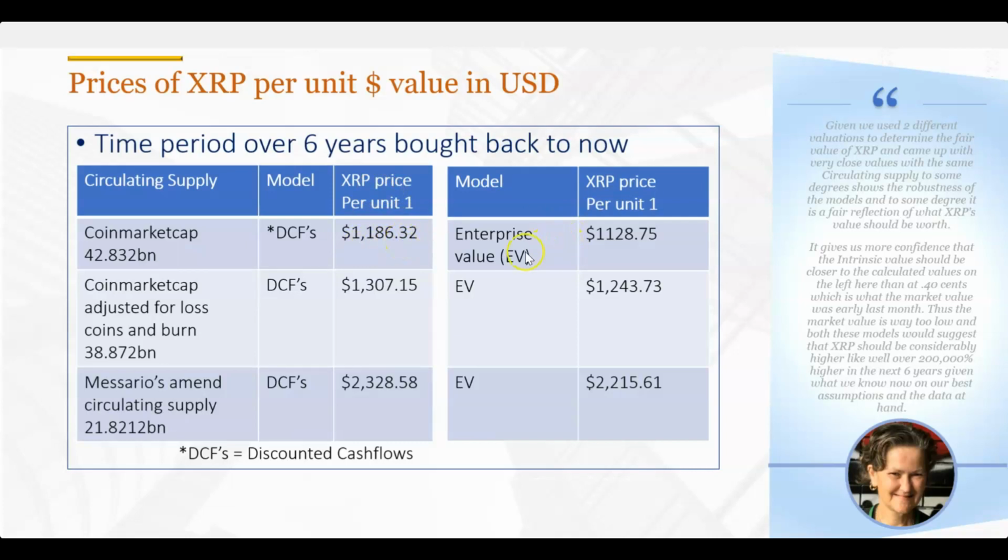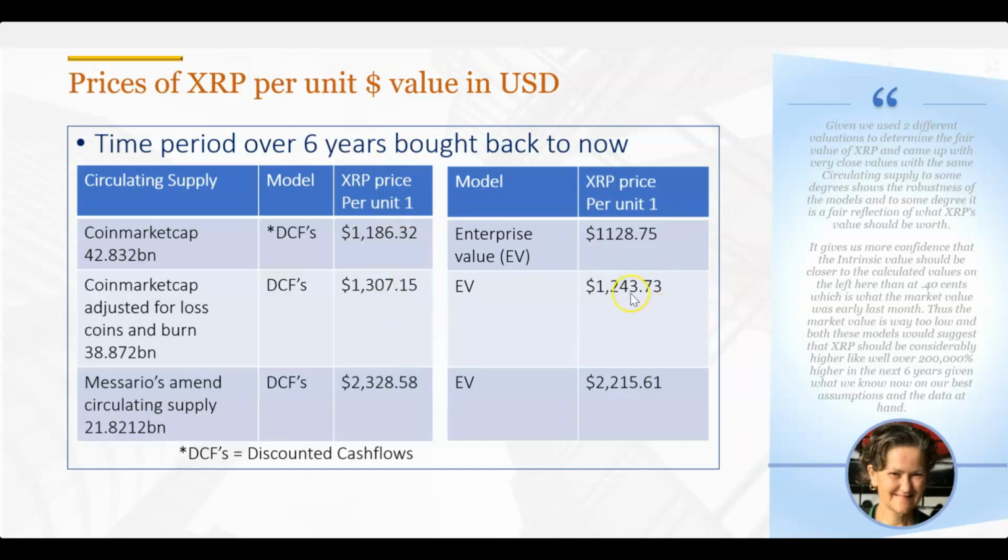For the enterprise value model, we came up with $1,128.75. When we then adjusted for coins that were lost and burnt and brought that supply down to 38.872 billion, we came up with a DCF of $1,307.15 for the price of 1 unit of XRP.